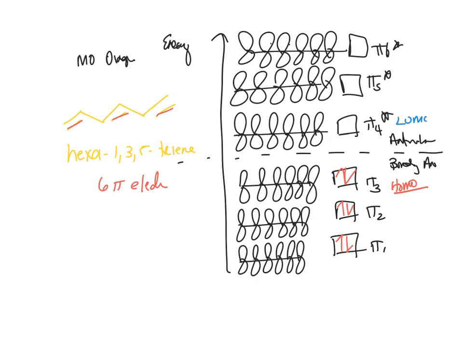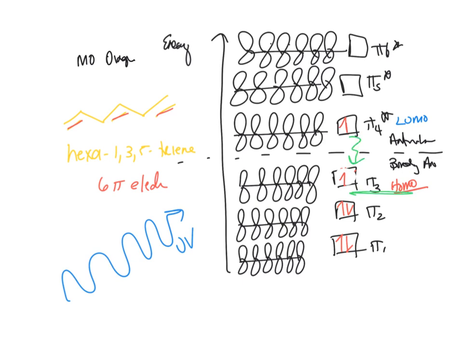This is your LUMO. So if you bombard this with UV energy, a certain wavelength, this one electron will get promoted from the HOMO to the LUMO. And then this will relax back down and come back to the HOMO. And now what's happening here with increased conjugation: if you have increased conjugation, you decrease your HOMO-LUMO energy gap.